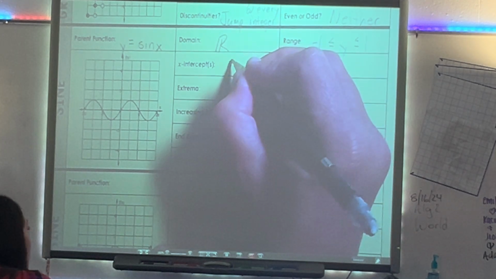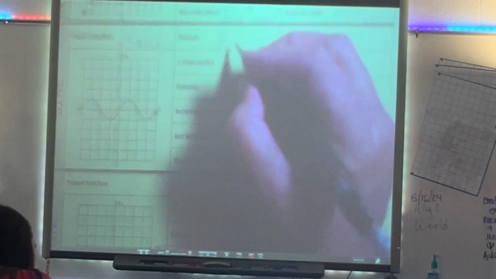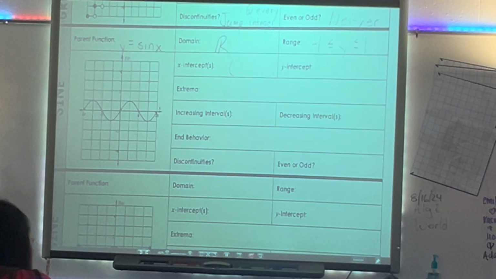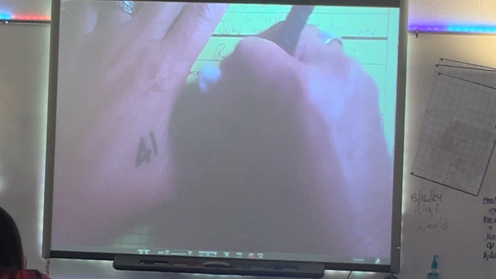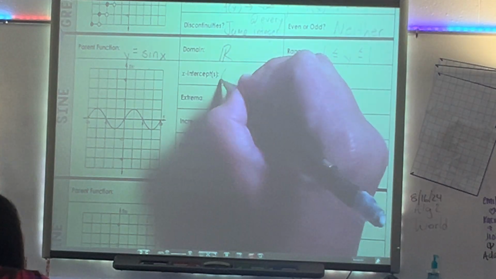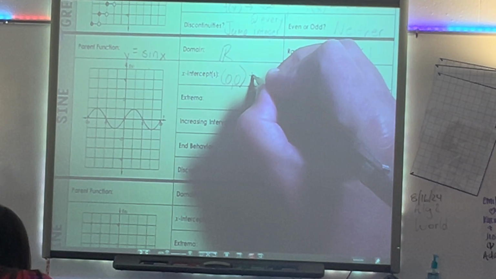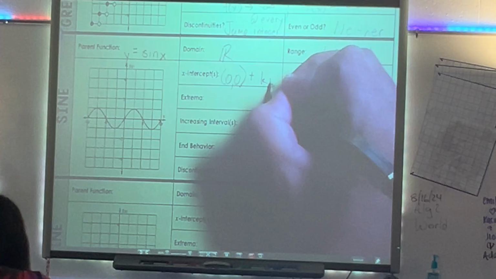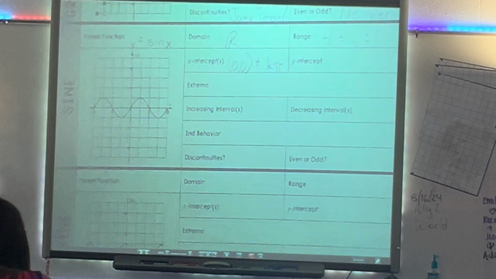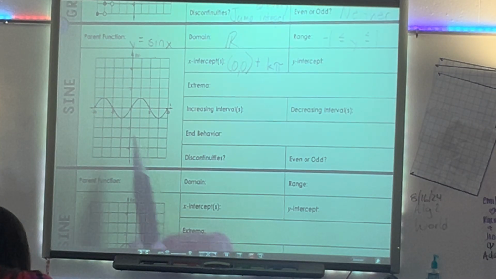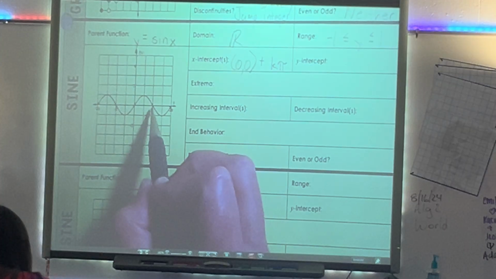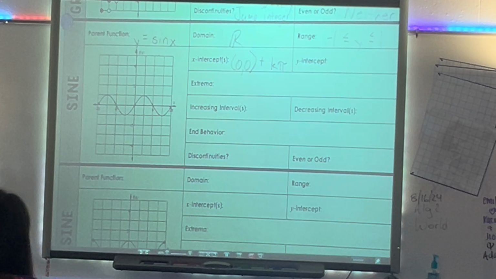X and y intercepts are both at, it's written like this. So 0, 0 plus, and the way this is written is k pi, because if you look on your x values, they're written in terms of pi.